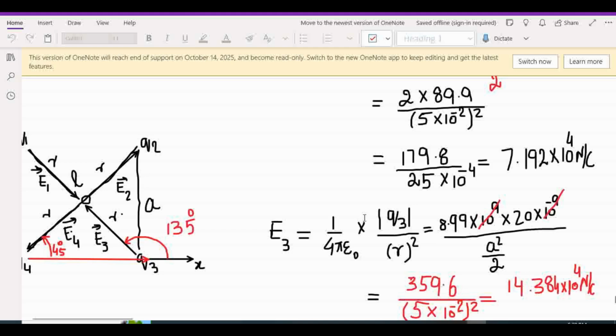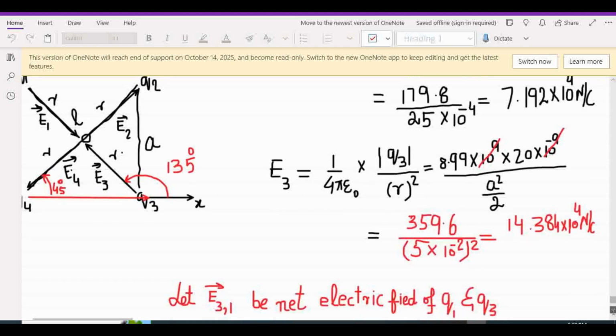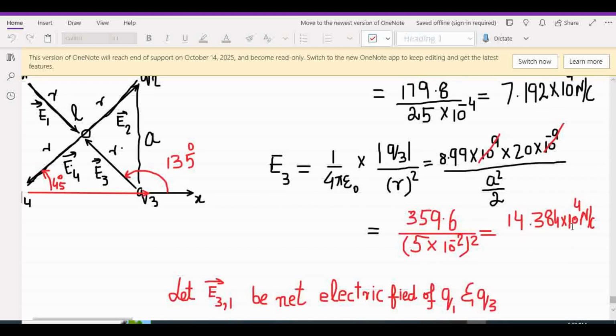So plugging in the values and simplifying, as we did for E1, we get the value of E3 as 14.384 into 10 to the power 4 Newton per Coulomb. It is exactly double of E1, because the charge is double of Q1, and they are at the same distance.